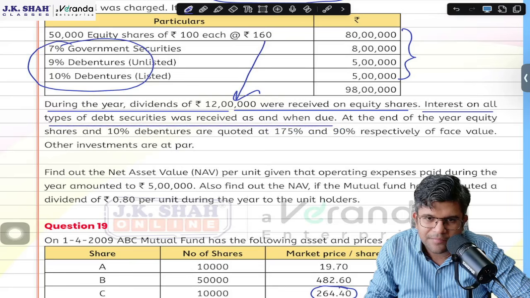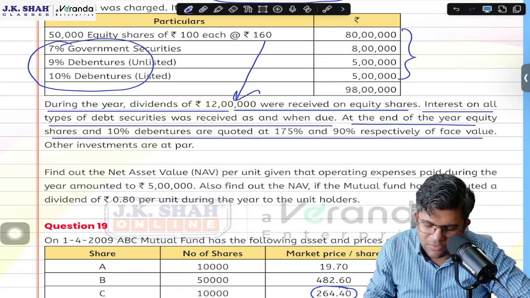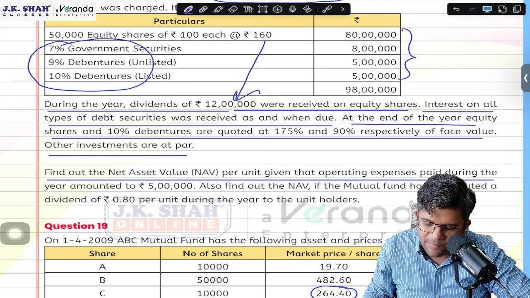Everyone clear? At the end of the year, the shares and debentures were having such a market value, and other investments were at par. Find out the NAV given that operating expenses paid during the year amount to rupees 5 lakh. This last line we will read later.